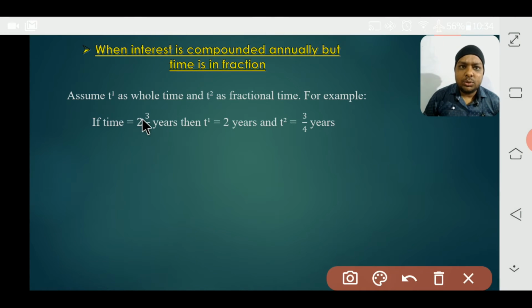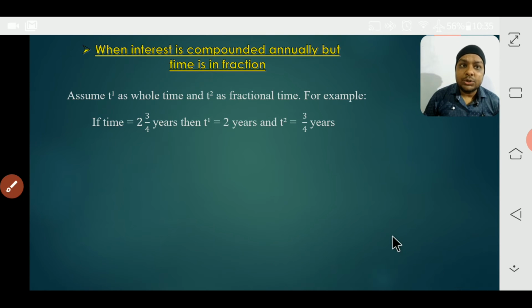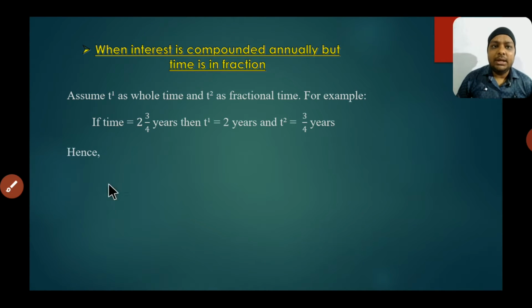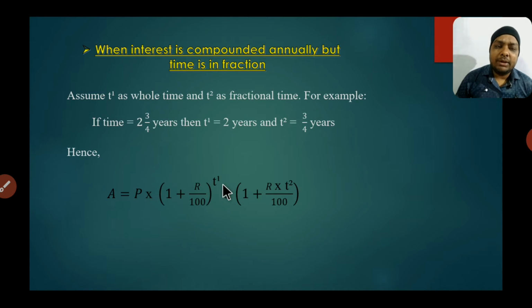So this 2 we will take as T1, the whole years, and the fractional value 3 by 4 we will take as T2. Okay. And the formula will also change. The formula will be A equals P into 1 plus R by 100 to the power T1. We will write the whole power T1 because it is the whole, and we will write the fractional power as a multiple of the rate in the next year.